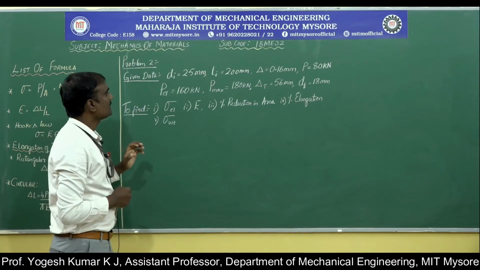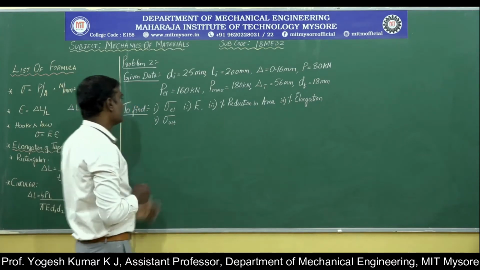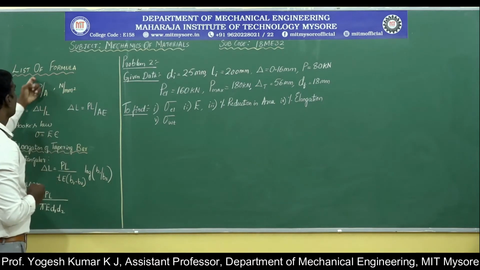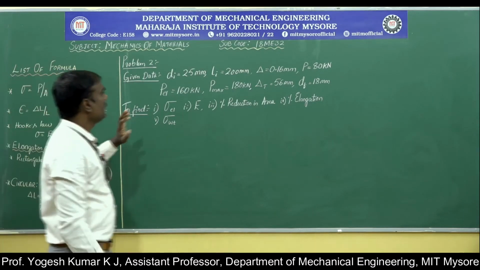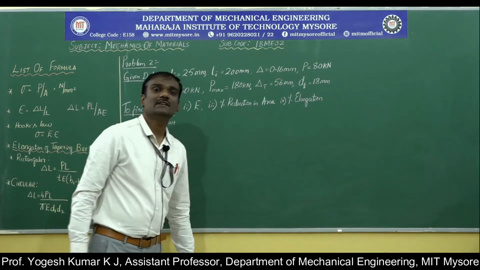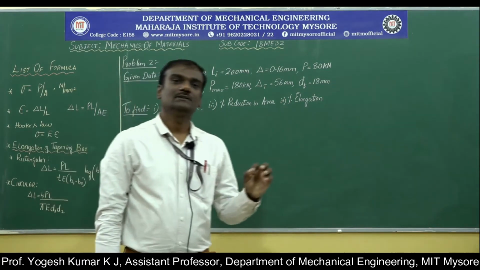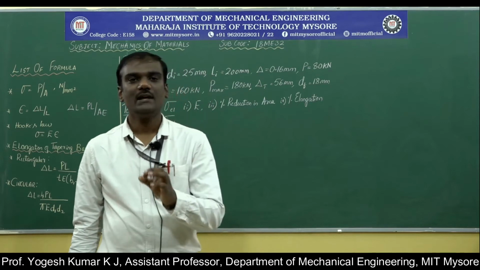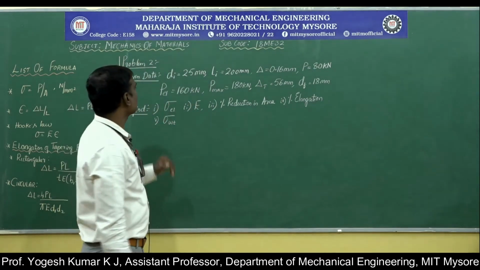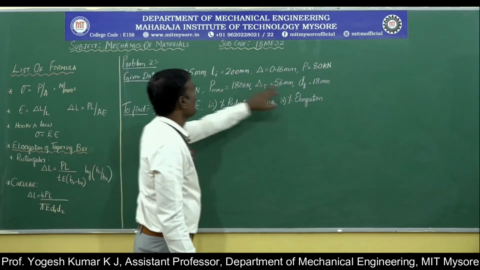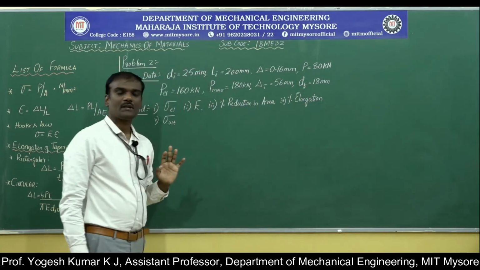To start with, as we have seen, the basic definition of stress is force by area. Observe that in the problem they have not specified the area, but they have given the initial diameter and the diameter at the neck. Based on these two diameters, let us find the initial area and the final area.